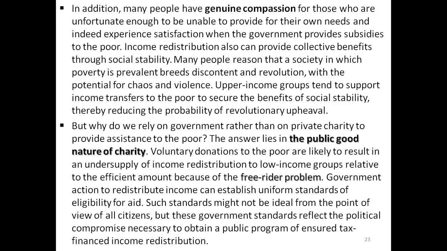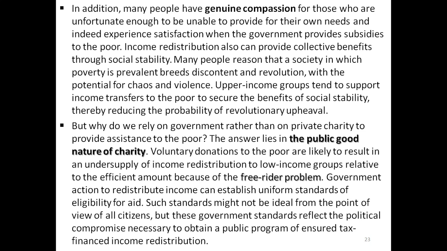In addition, many people have genuine compassion for those who are unfortunate enough to be unable to provide for their own needs, and they indeed experience satisfaction when the government provides subsidies to the poor.